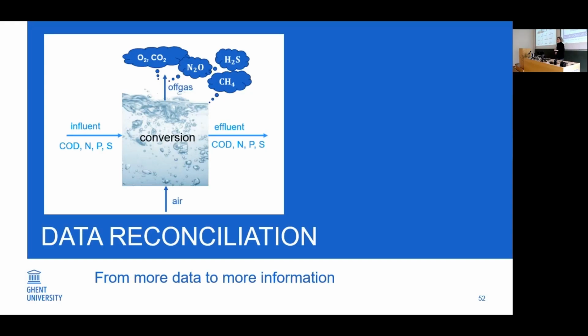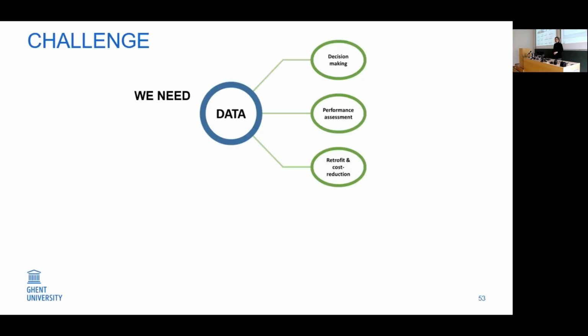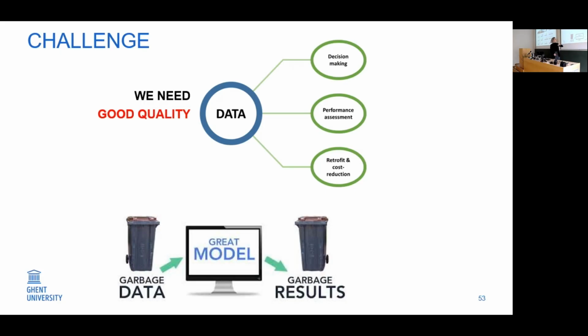And then I want to take a final minute to talk about the importance of data. We do not only want to have data, we also want to have more information. We all need data, not just data, but also good quality data for decision-making, performance assessment, and all types of things. And this is very important.